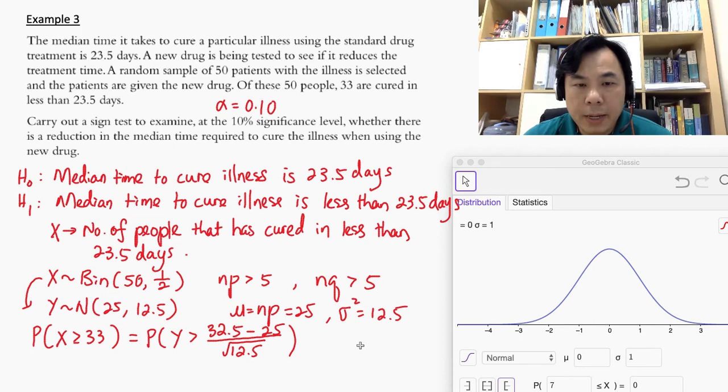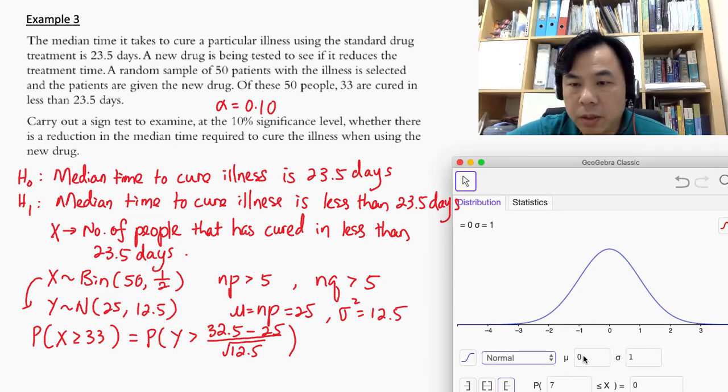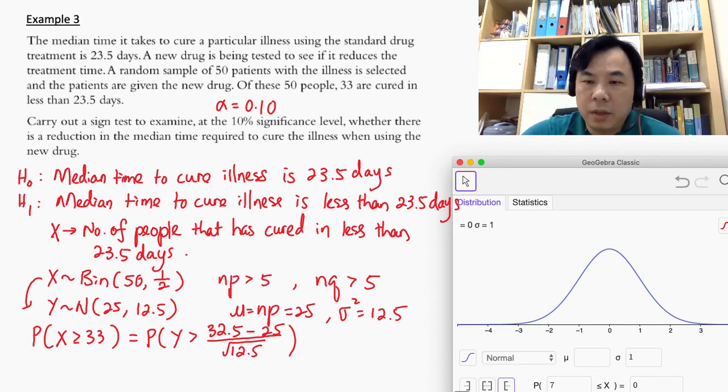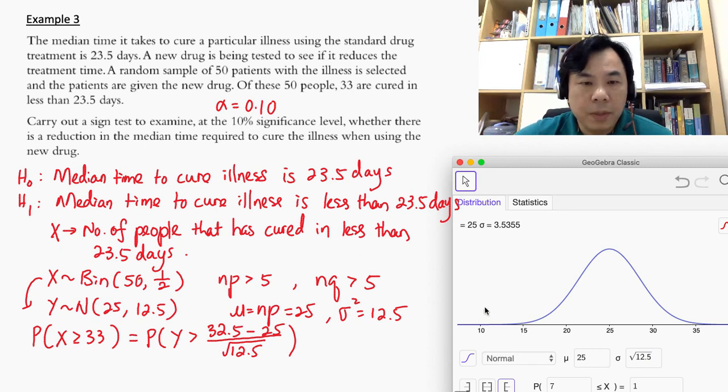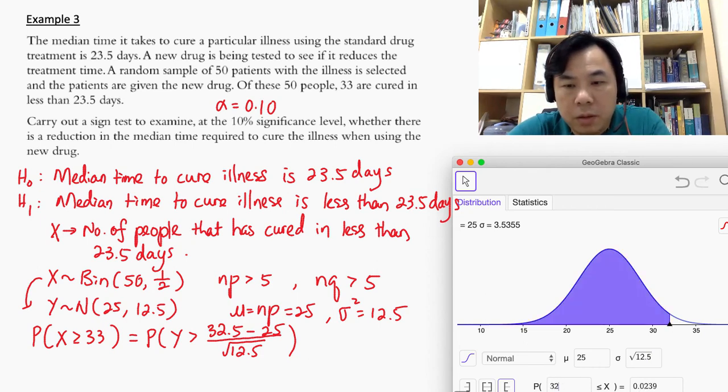Okay, from my calculator, I'm going to try to calculate this. So the mean is given as 25 in this case, whereby the standard deviation is square root of 12.5. Okay, so that's how it looked like. I'm interested to calculate more than 32, so here I'm going to test it out, 32.5 in this case.